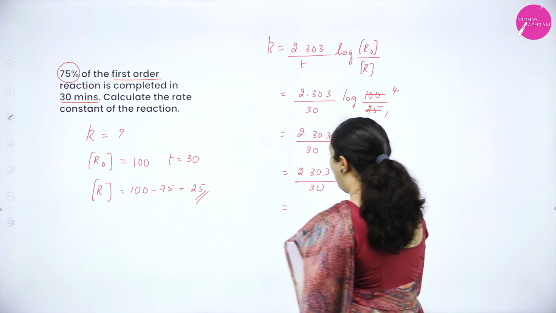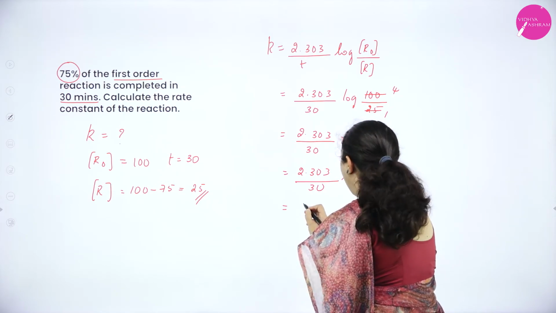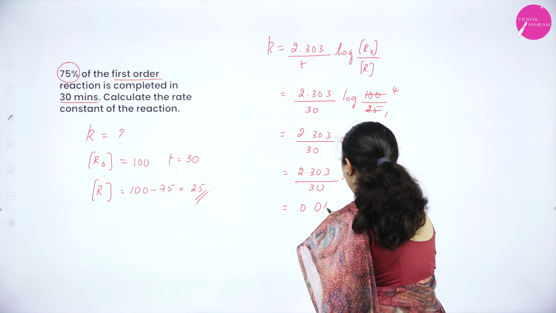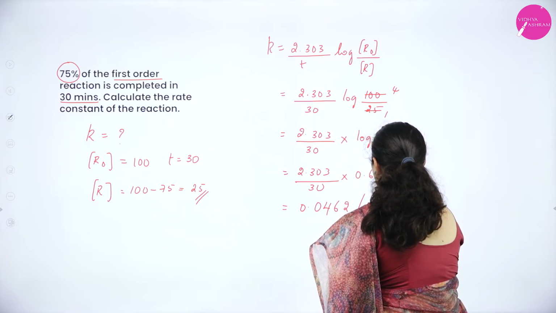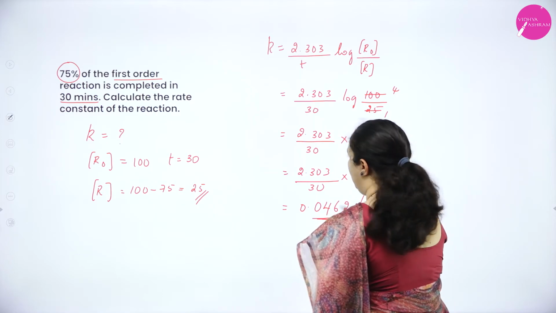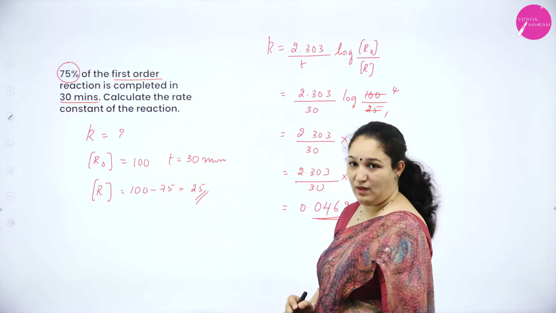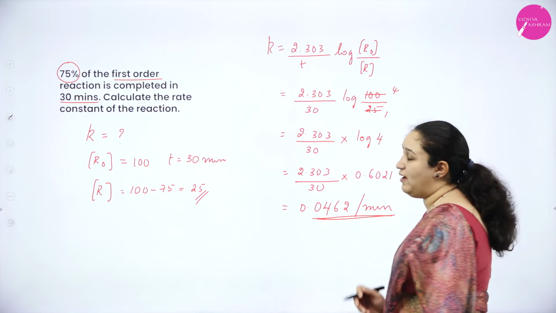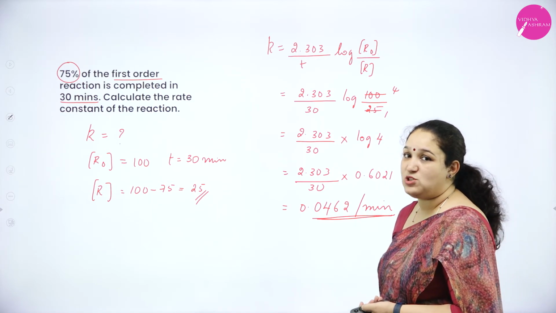If I solve this, I'll get the answer as 0.0462 per minute. Why per minute? Because time is given in minutes. Okay, so I hope you have understood how to solve such problems. We'll see the next numerical.